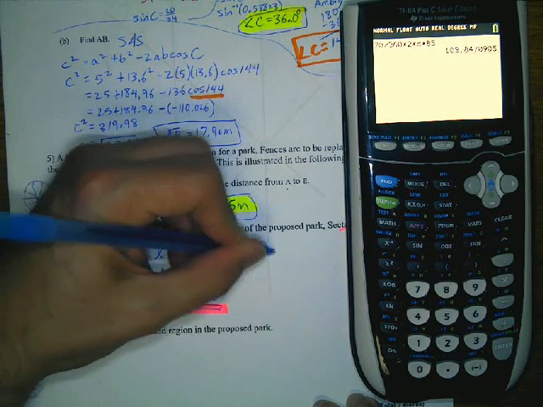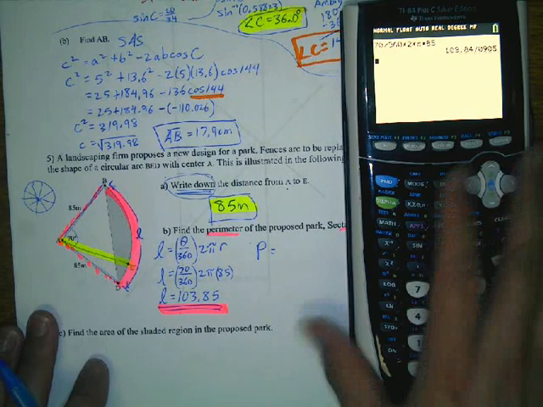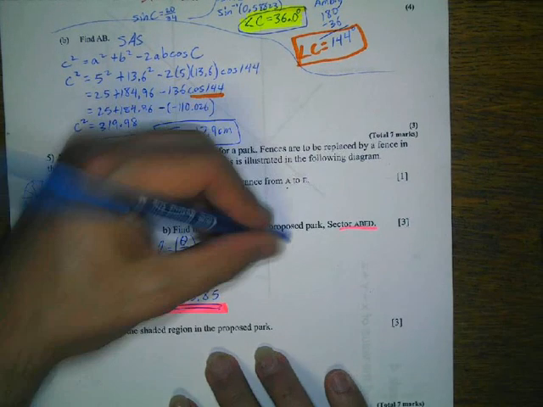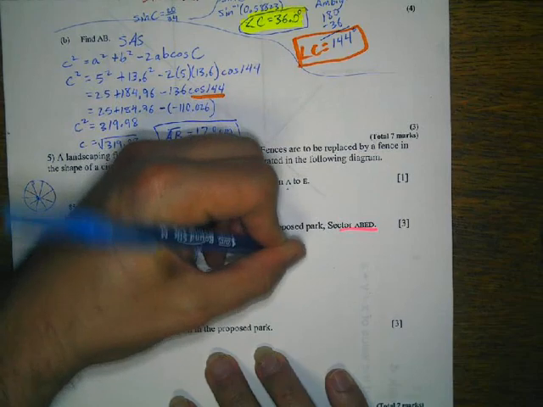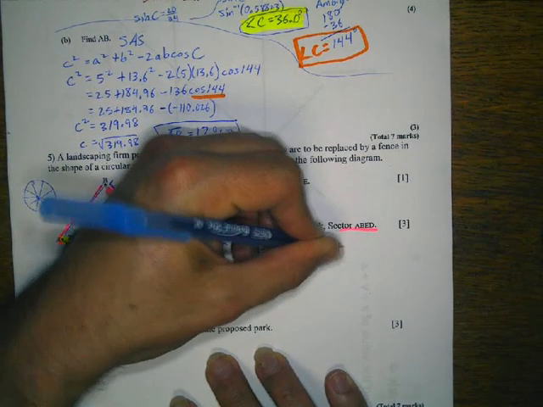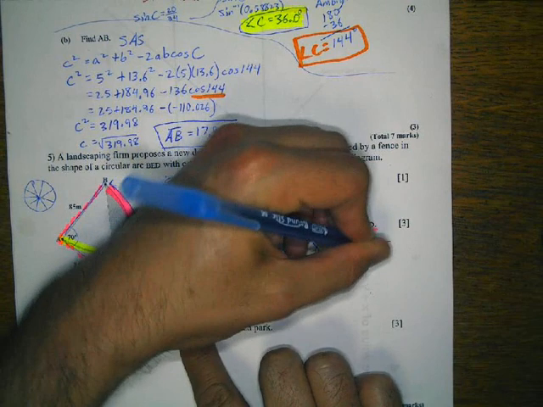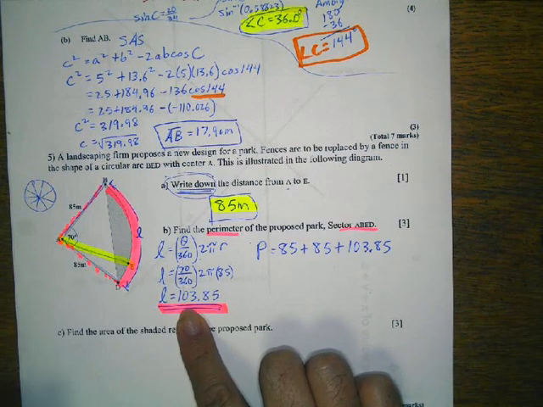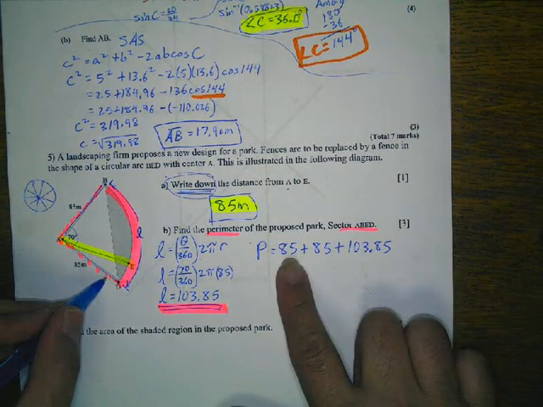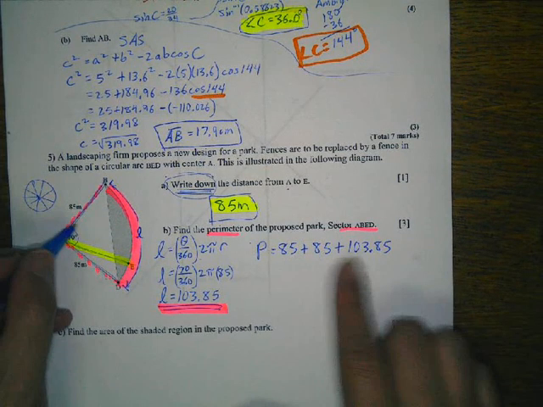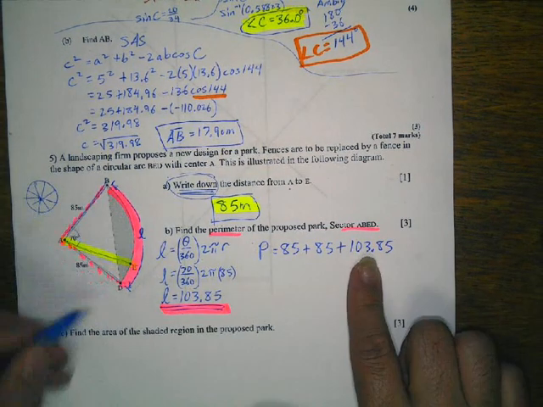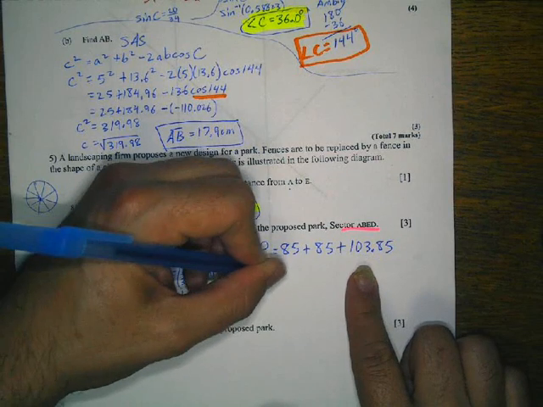So the perimeter is going to be equal to, we've got the 85 plus 85 plus this new length of 103.85. So that's this side here, and the 103.85.